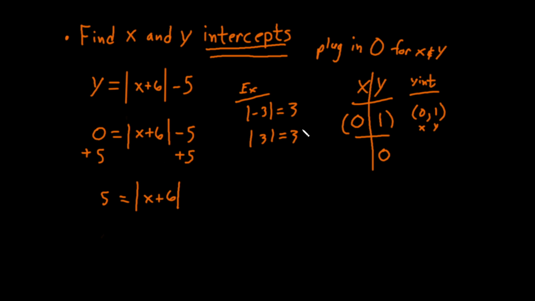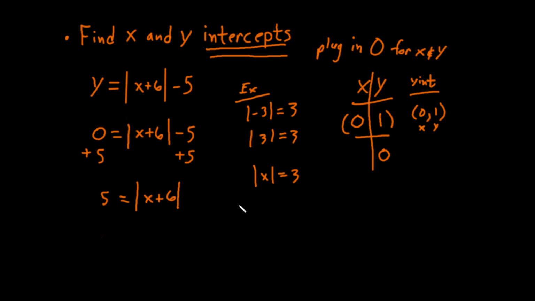So we got 2 of the same solutions from 2 different possibilities. If you have a problem where the absolute value of x is equal to 3, what numbers can you plug in for x that would give you a positive 3? Well, if we plug in a negative 3 and a positive 3, we'll get positive 3 both times.